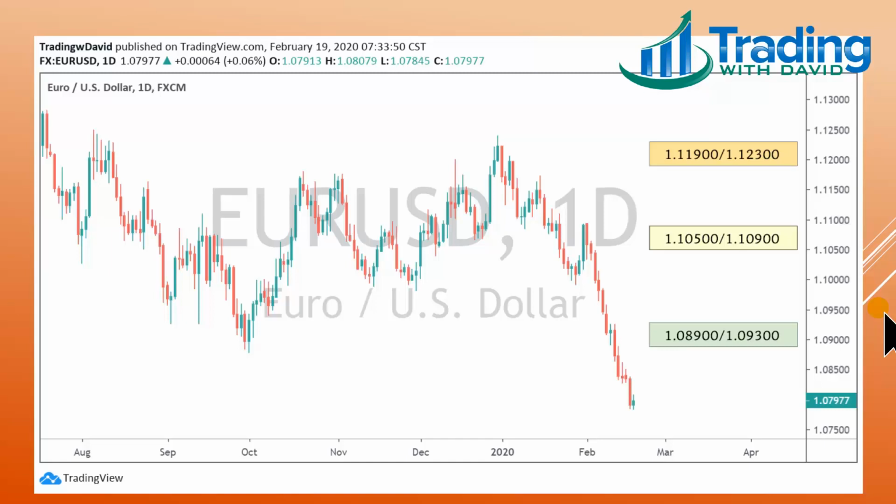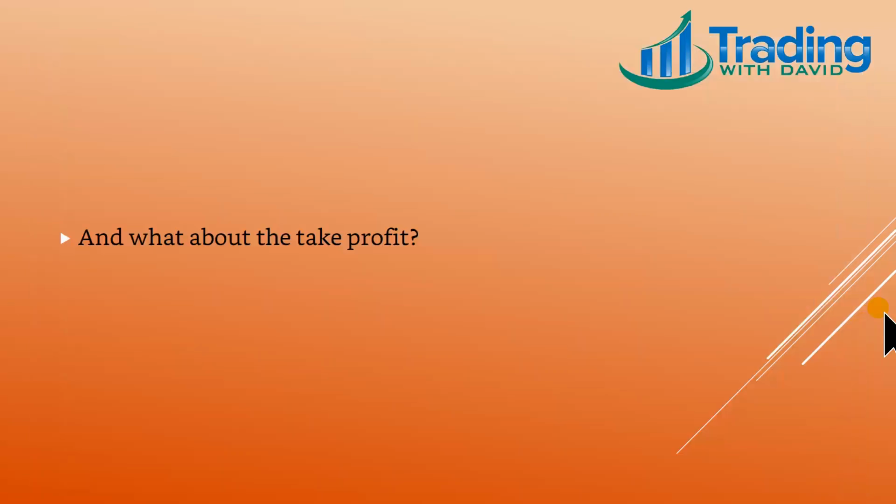If, for example, my idea was to sell Euro-US dollar, I would wait for the price to reach one of these areas before opening my trade. Which of them? It depends on various factors, such as, in addition to knowledge of the currency pair, a reading of the current situation and volatility.